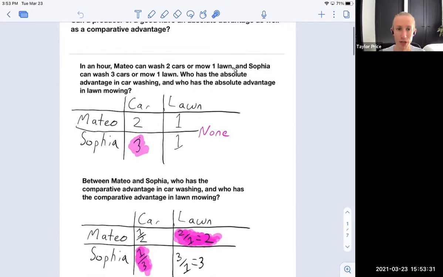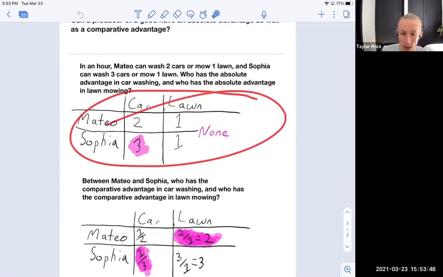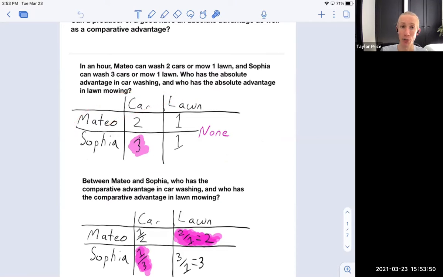So in this example here, we can see that we have Mateo and Sophia. Mateo can wash 2 cars or mow 1 lawn. Sophia can wash 3 cars or mow 1 lawn. So this table right here is looking at who has the absolute advantage.